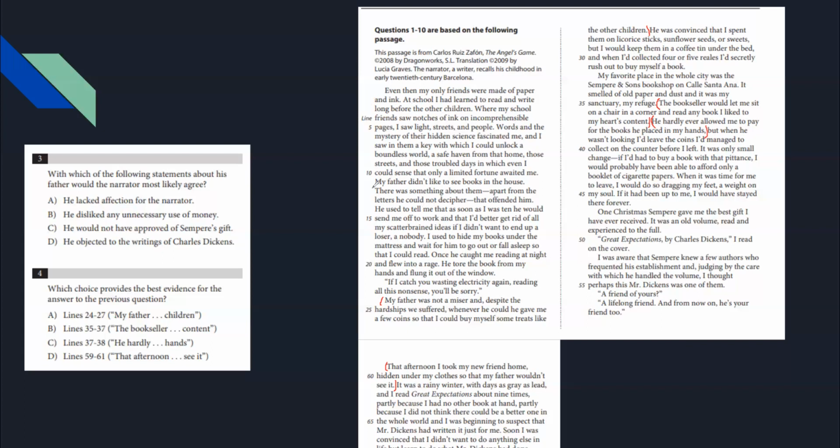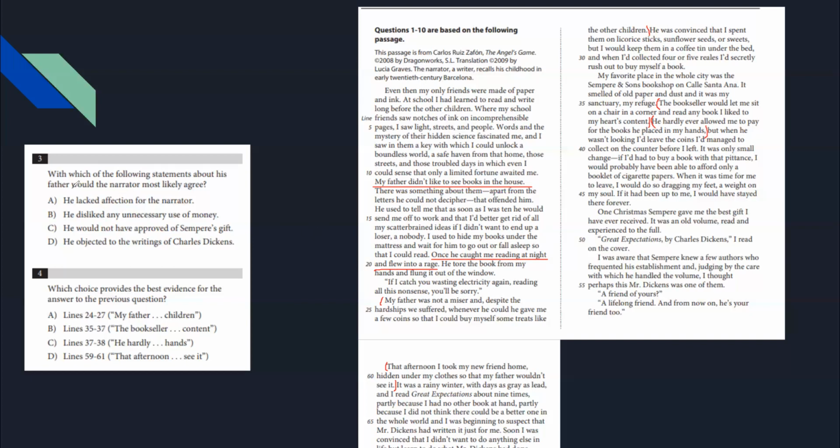The thing you have to know for this sort of question is that his father doesn't like books. That's shown in line 11: "my father didn't like to see books in the house," and once he caught me reading at night and flew into a rage. So he hates books, for some reason.